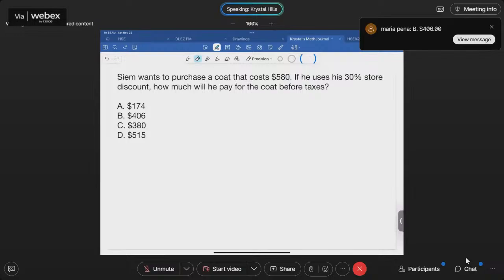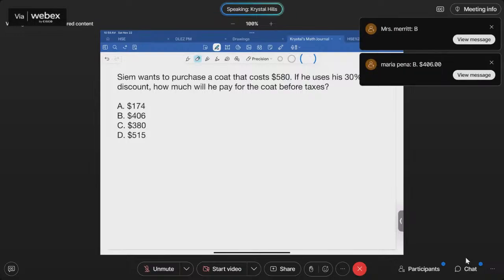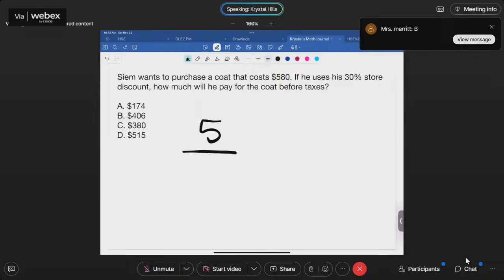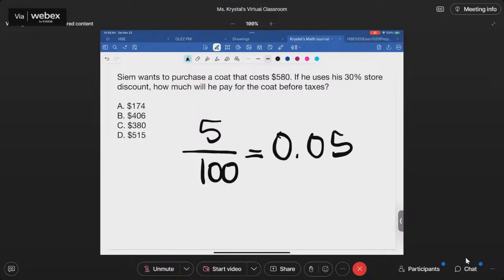No, the percent is divided by 100. So if we had 5%, if we divide 5 by 100, we're going to get 0.05. But if I want to change that 0.05 to a percentage, I would multiply it by 100. And multiplying this by 100 gives me 5.